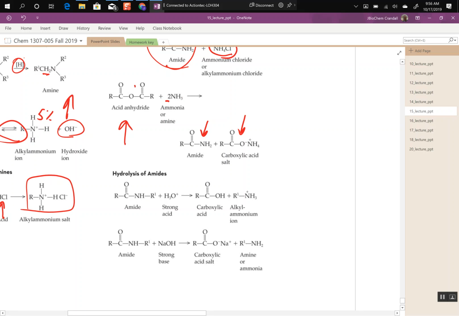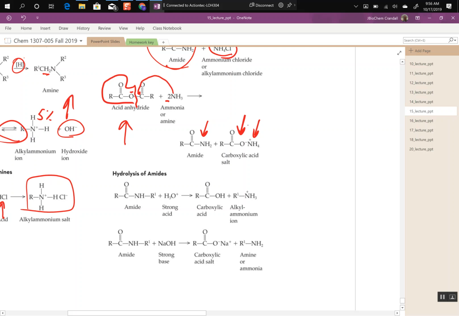Because when I cleave it here, this is going to become a carboxylate, having a negative charge, and then the amine is going to get attached here, forming the amide on the other part of the acid anhydride, right? So here I'm going to form the carboxylate ammonium, because with the ammonium I'm going to have a positive charge.